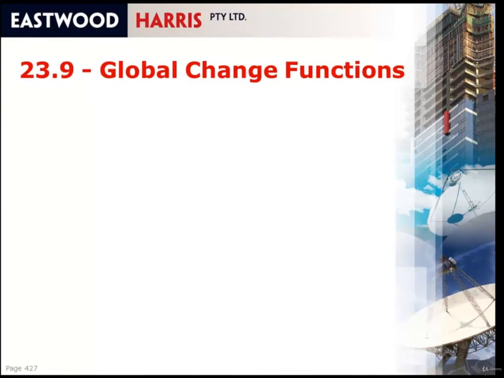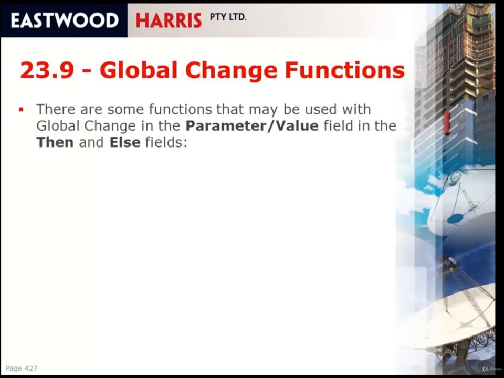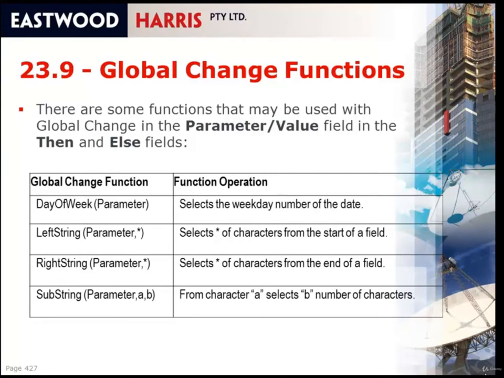Global change functions. There are some functions that may be used with the global change in the parameter or value field in the then and else fields. So these functions, for example, the day of the week selects the day number of the week, say Monday will be 1, Tuesday will be 2. Left string allows you to extract characters from the beginning of a text field.